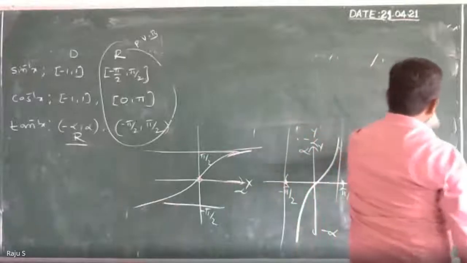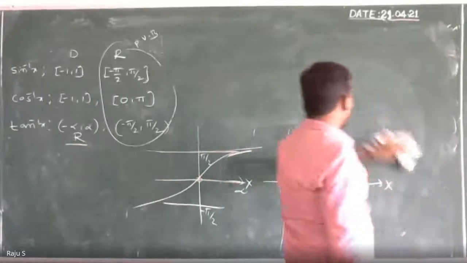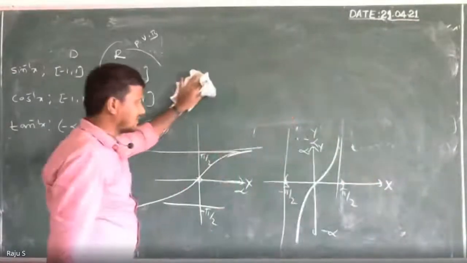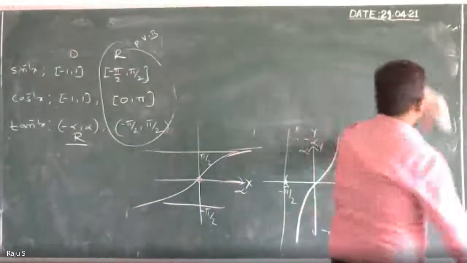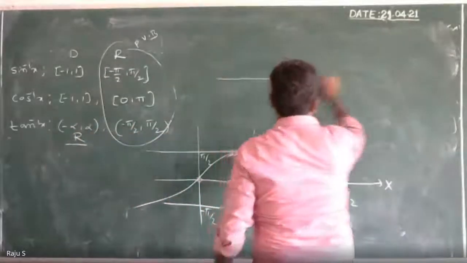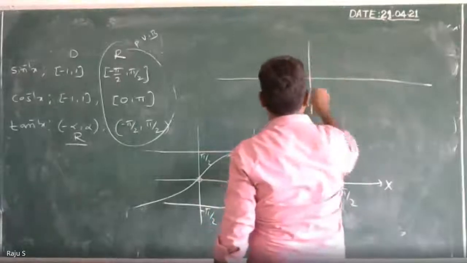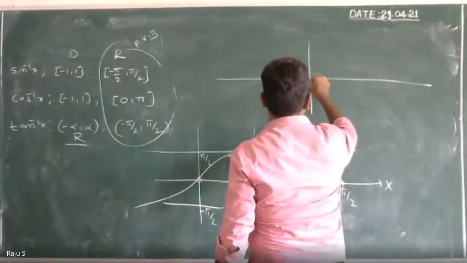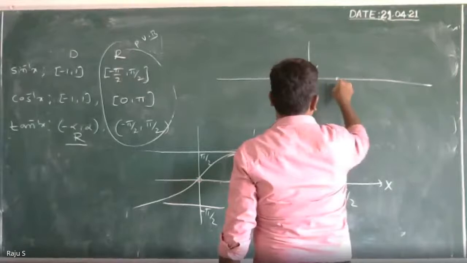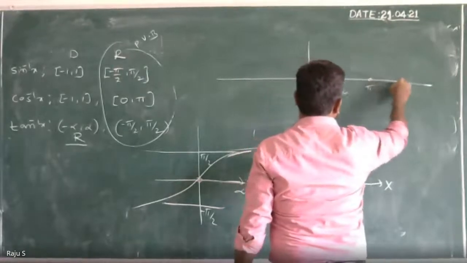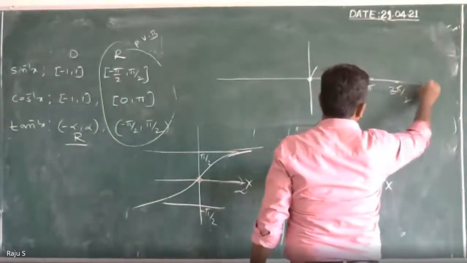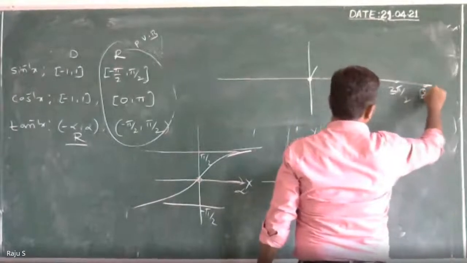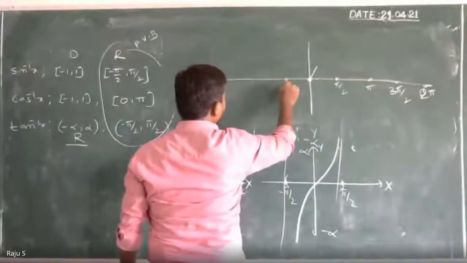Is it difficult to draw the secant x and cosecant x graphs? Nothing, it's very easy. If you know the sine graph, I will tell you cosecant. Remember, sine we get like this: 90, 180, 270, 360. Same here also, minus 90.